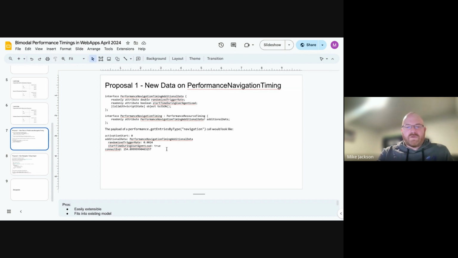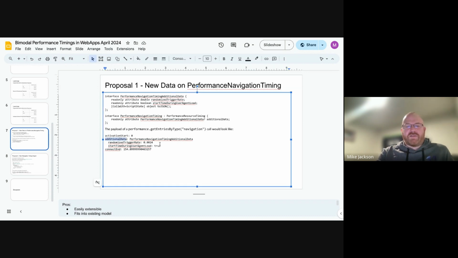And so I've just called it here, for the sake of conversation, additional data, and introduced the randomized trigger rate, which is effectively going to be the epsilon value that you need to decode the data in aggregate. And then you can start seeing here the payload as it's coming out.